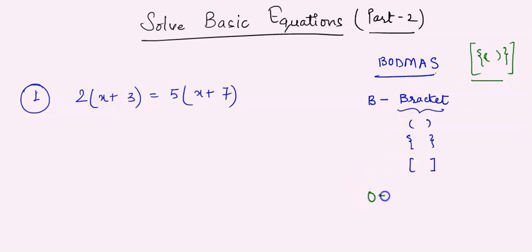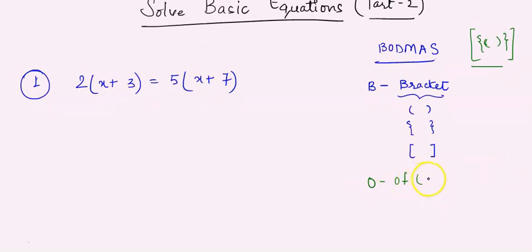Now O means basically we can call this 'of', okay, like sometimes you see in equations, suppose x of 2. It's rare to use that O. So the next thing is D. D is basically division, or you can say divide.